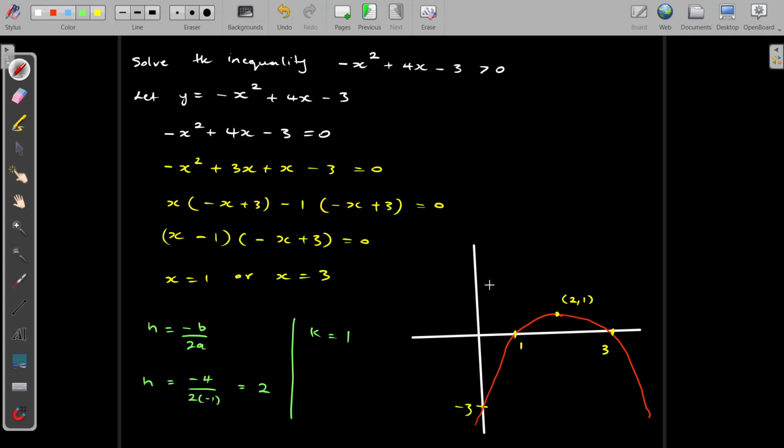So now the region we're looking for is where the graph is greater than 0. So where it is greater than 0, that's our focus, and it's going to be this little region here. So all x values in this region is going to give us a positive y value if we substitute here. Are we clear?